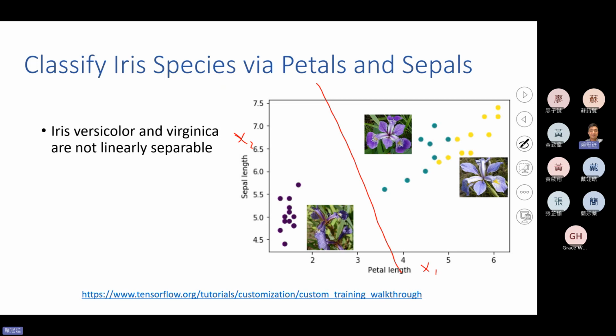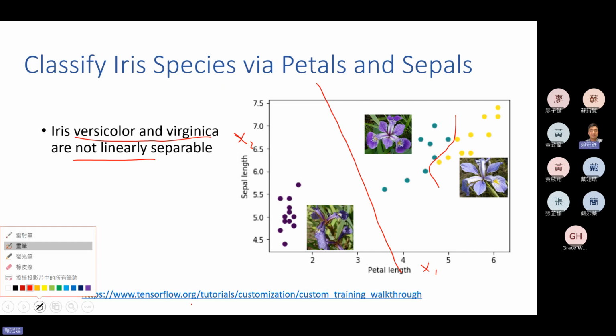This data set has a feature that versicolor and virginica are not linearly separable. It's hard to find a line to separate those two classes. So it will make our learning algorithm a little bit challenging. But in practice, in high-dimensional data sets, it's usually not possible to find a linear plane to separate all the information. Okay.